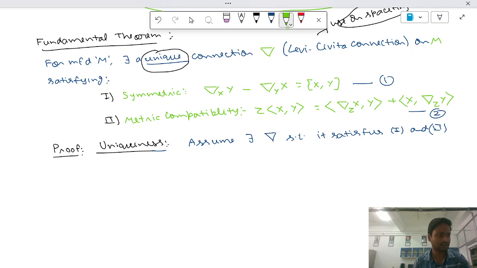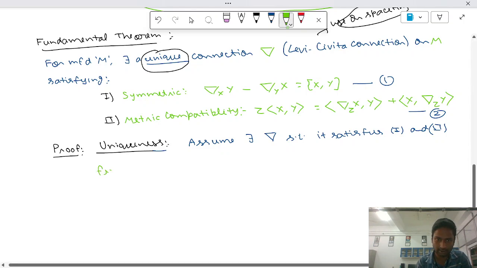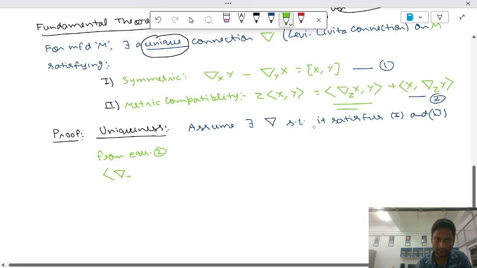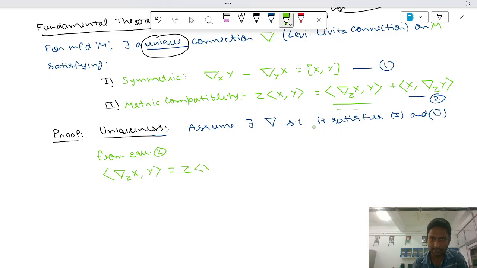It is still going to be the same. So from the second equation, on the right hand side, you have the term nabla z x comma y. This is going to be equal to z of x comma y minus x comma nabla z y, right?